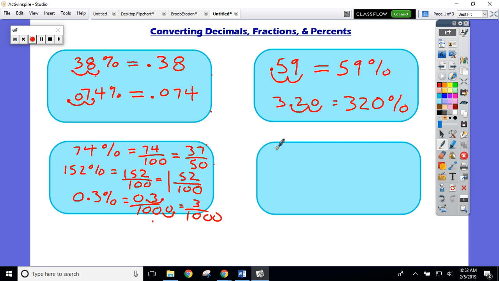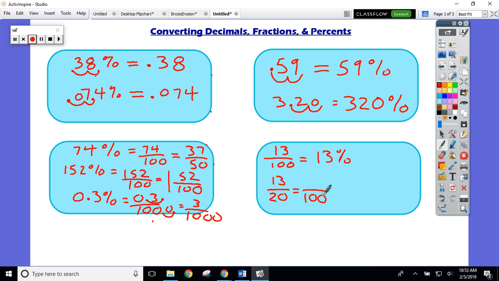Okay, so that was percents to fractions. So fractions to percents, as long as a fraction is over 100, that's really simple. But we don't always get that lucky. Sometimes we get a fraction over something like 20. So we recently talked about making equivalent fractions.